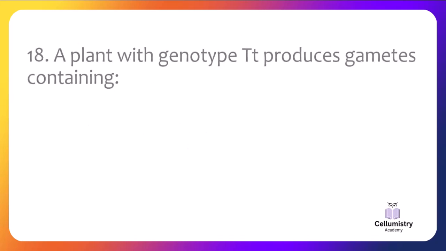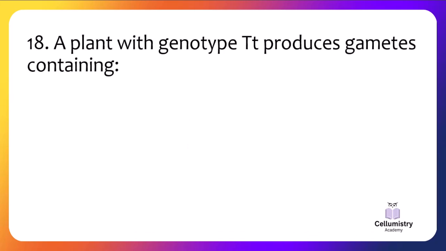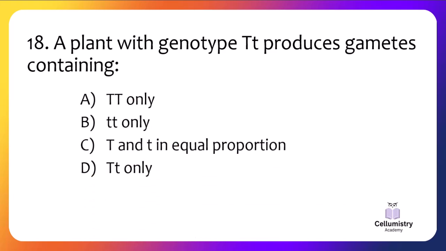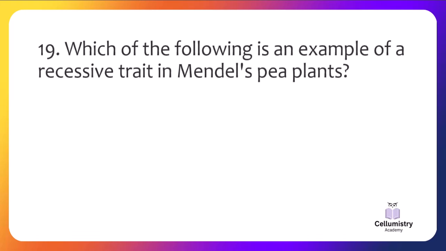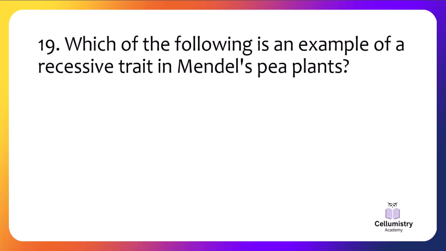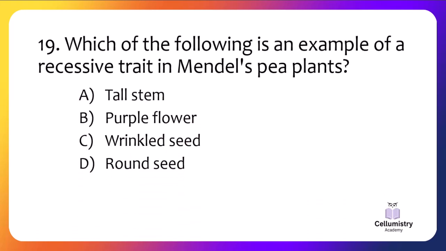A plant with genotype capital T small t produces gametes containing... Answer is C. Capital T and small t in equal proportion. Which of the following is an example of recessive trait in Mendel's pea plants? Answer is C. Wrinkled seed.